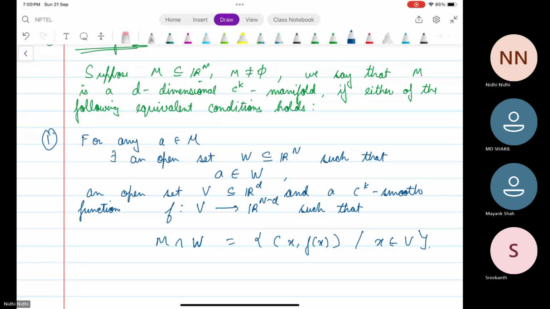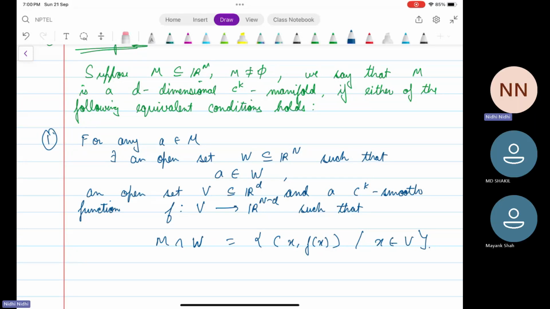Suppose we can find this F such that M intersection W is a subset of Rn. It is the graph of the function F. So the graph of the function F is a set of points (x, f(x)). Now this x is in V, where V is a subset of Rd.